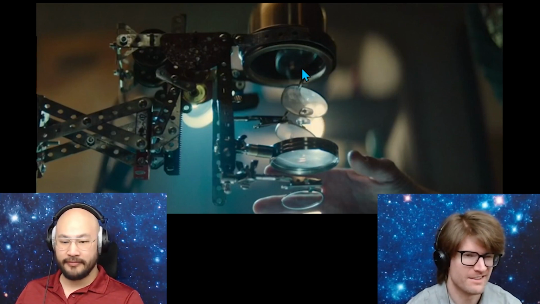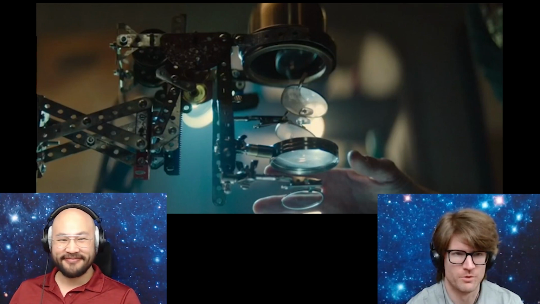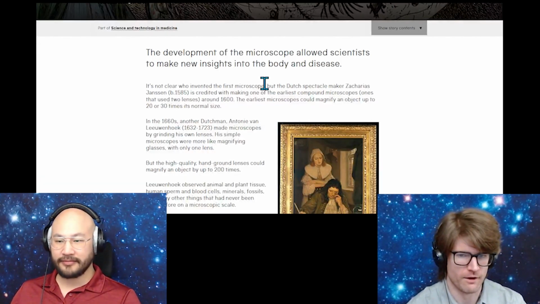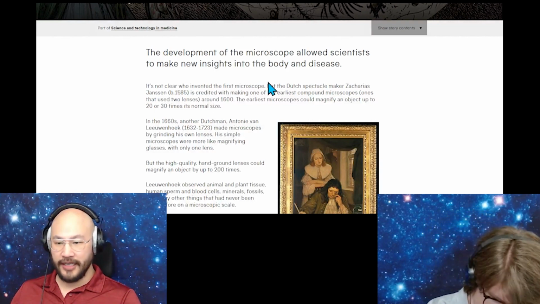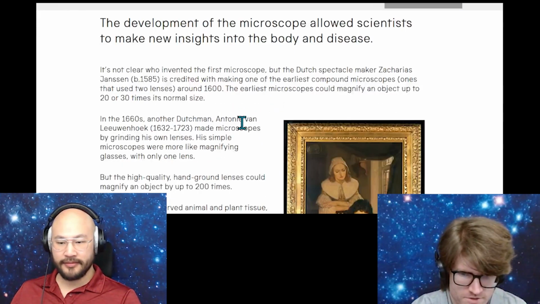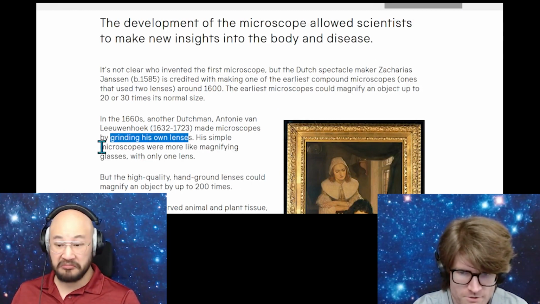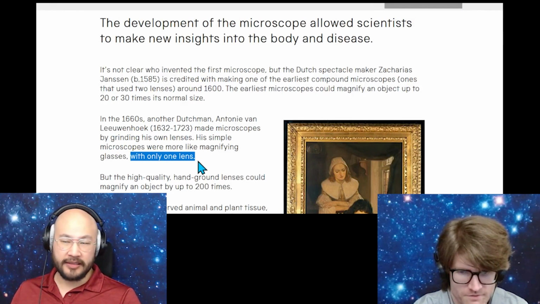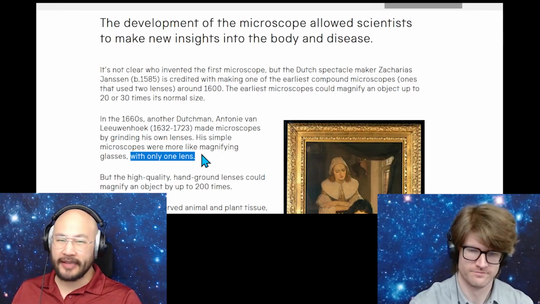I think that's most reasonable because we actually looked up some of the original microscope makers in history, like von Leeuwenhoek. He ground his own lenses, and he used simple microscopes with only one lens. A simple microscope using one lens is like a magnifying glass inside a tube.